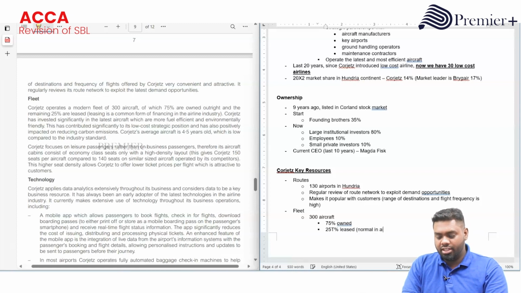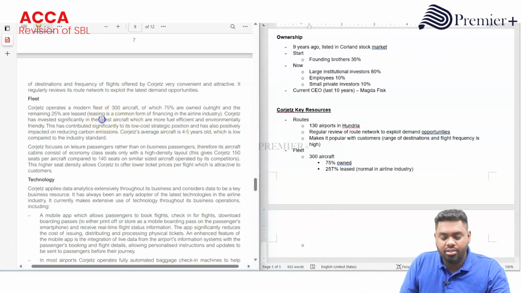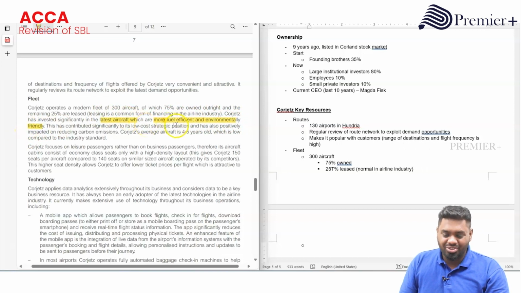This is normal in the airline industry. Cojet has invested significantly in the latest aircraft, which are more fuel efficient and environmentally friendly. This has contributed significantly to its low-cost strategic position.